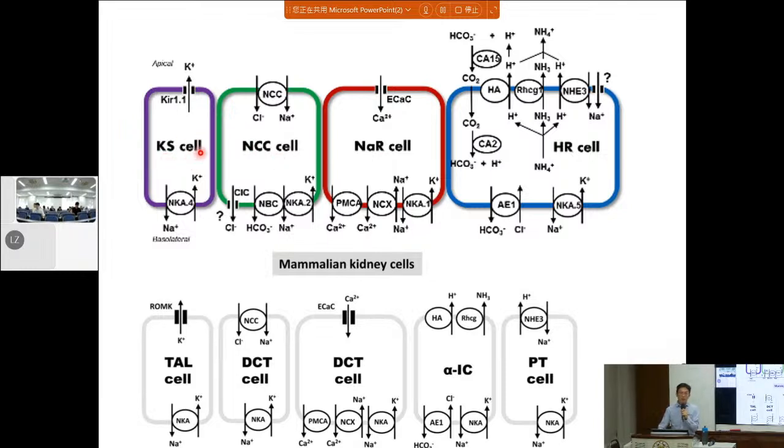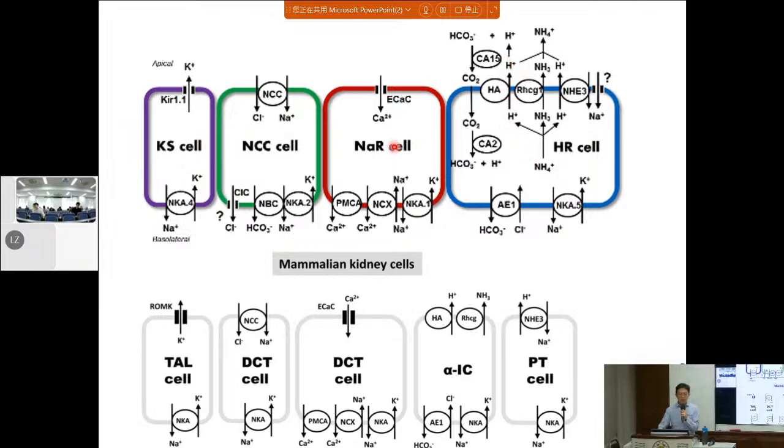So they are responsible for different ion balance. So for example, the HR cell, they express the proton pump in the apical membrane. So this cell basically functions as acid-base regulation because they can pump out the proton actively.